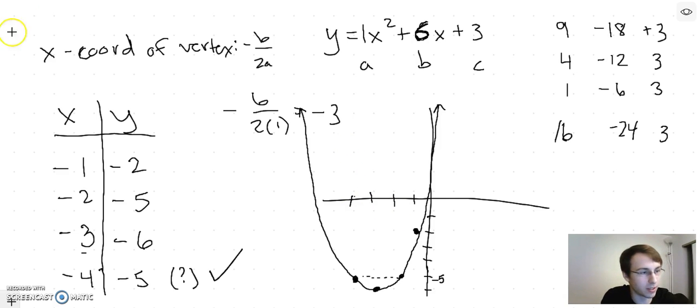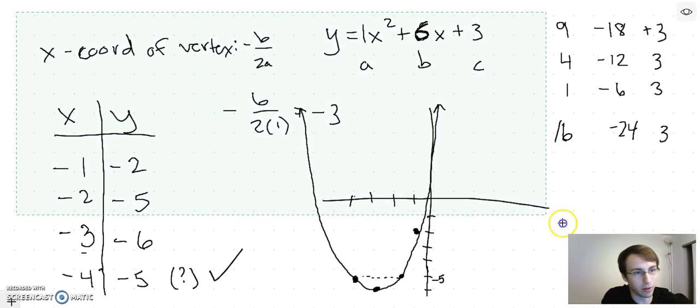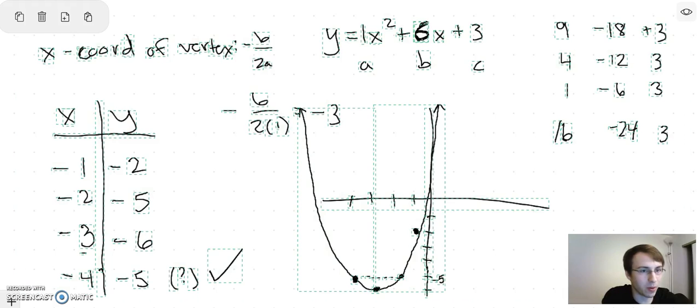For good measure, why don't we do a quick example with a downward facing parabola. Remember, what makes a parabola downward facing is when the x squared term is negative. Something like y equals negative 2x squared plus 4x minus 1.